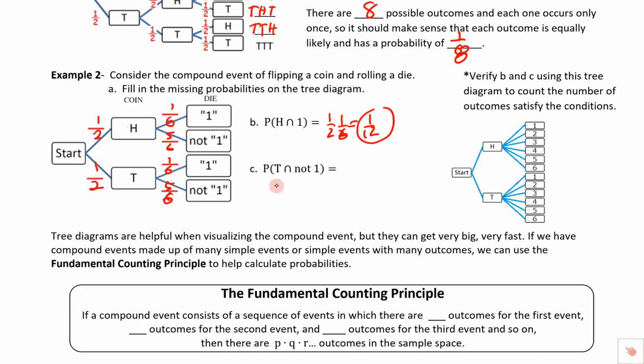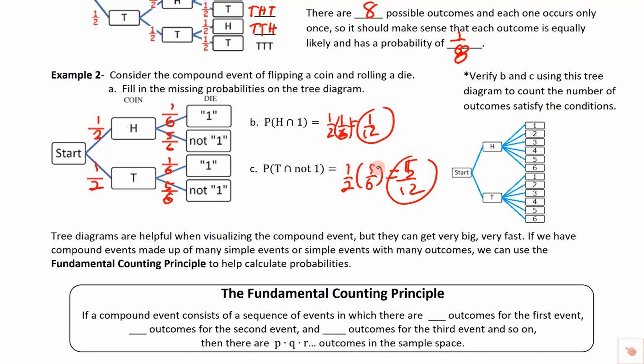Probability you get a tail and not a 1. So probability of a tail is 1/2. Probability of not a 1 is 5/6. So we end up with 5/12. Everybody good there? That's a lot more than 1/12.